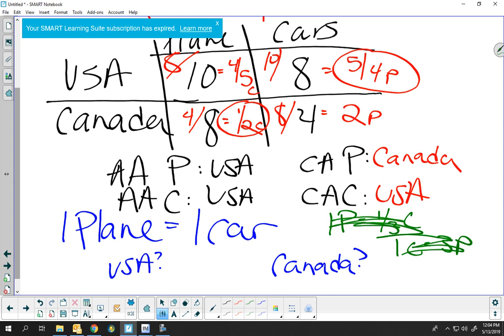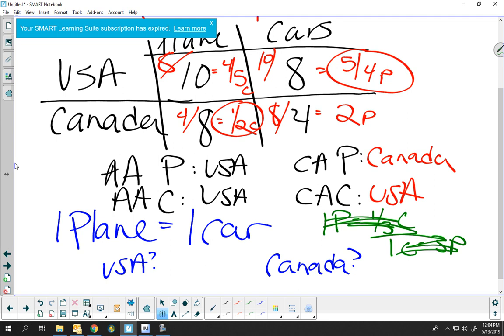Let's look at USA. USA is making cars. I don't care about the cost of a car. That's what I'm making in the United States. I need to import planes because that's what I have a comparative disadvantage in. So I need to know how much one plane is going to cost.